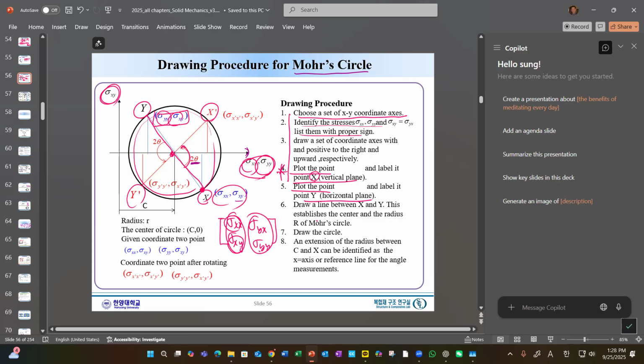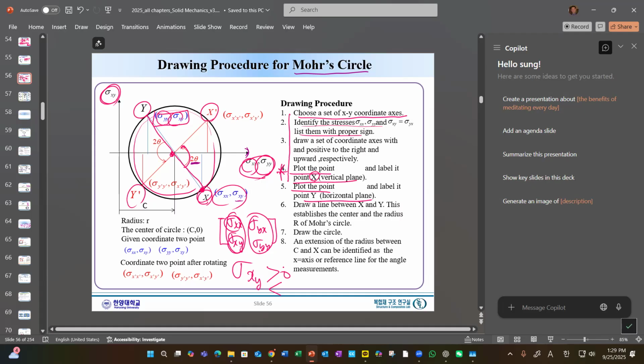Very straightforward. But one thing you have to remember is that here, X, if now the point is the sigma XY, is it positive or negative?